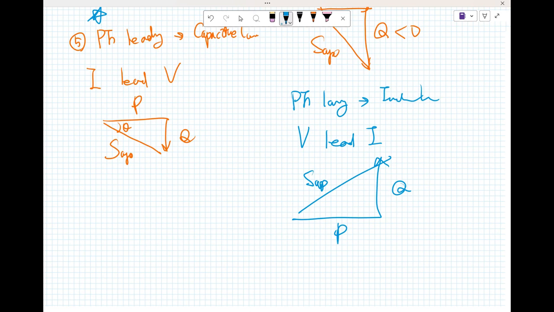For example, if you only see I and V, you can classify whether V leads I or I leads V. If I leads V, the power factor should be leading, which means a capacitive load, and Q is downward. I think the quiz and the first exam will have very similar questions, and we also have similar questions in the printout. I do not want to be tricky; it is really the same or similar question. And you can also see my printout, page 22.